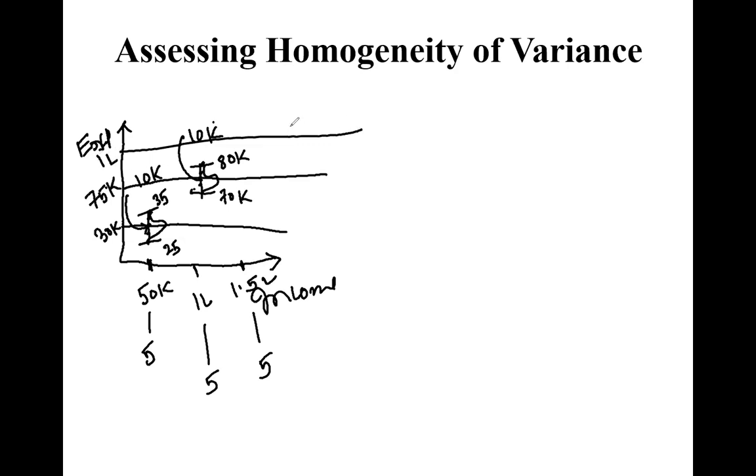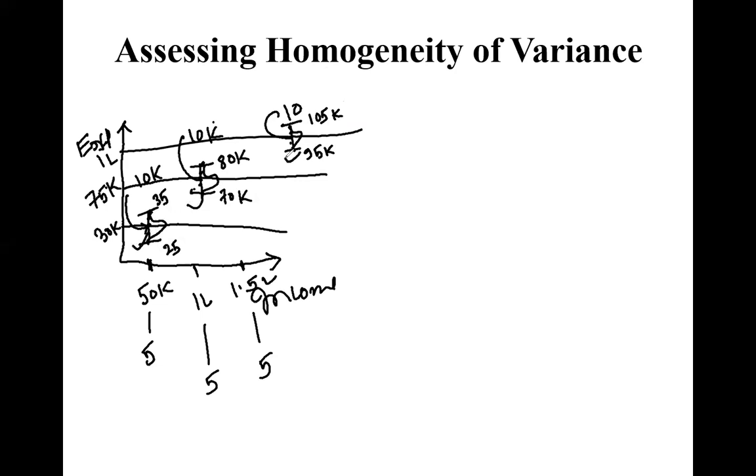One family's monthly expenditure is 1 lakh 5,000, 1 lakh 2,000, 1 lakh, and the last is 95,000. What is the range? Range again 10,000. So whether my data is homogeneous or not, the range should be constant across the groups.